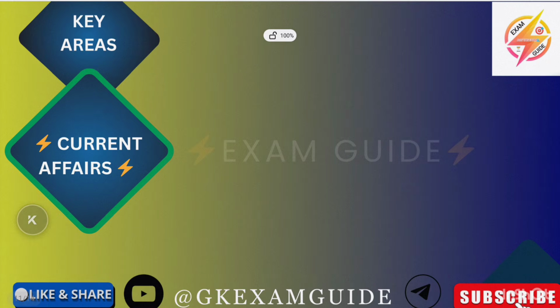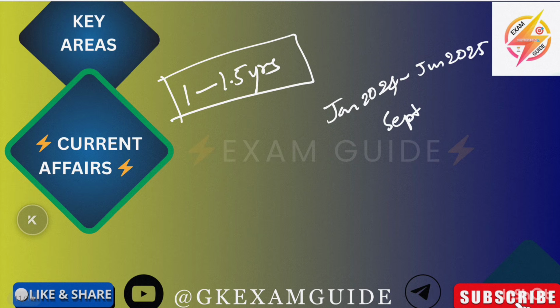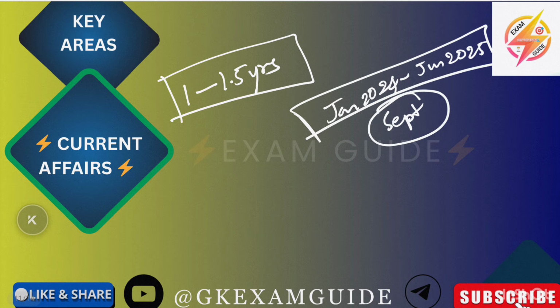Coming to current affairs, you must read current affairs for 1 to 1.5 years before the commencement of your exam date, that is, January 2024 to June 2025. If your exam is held in September, this is enough.